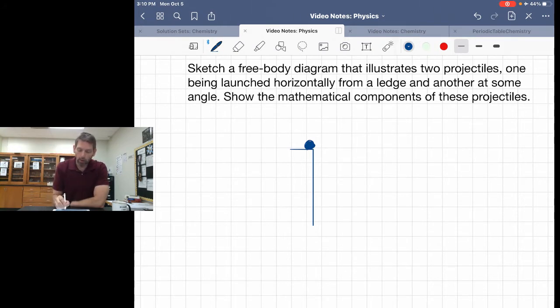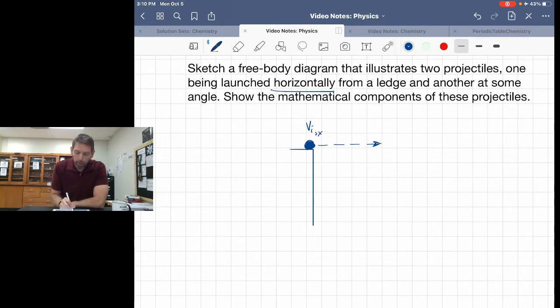So as soon as something is launched horizontally, so we're doing this one first, as soon as it's launched horizontally, it has a velocity on the x. It will have some.